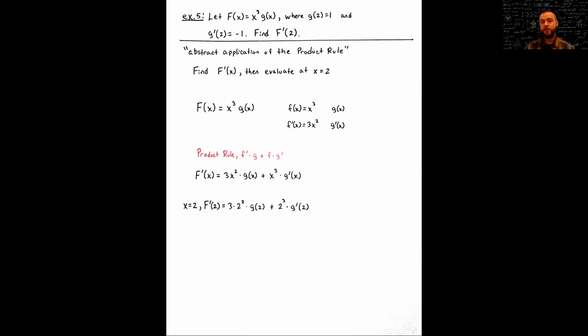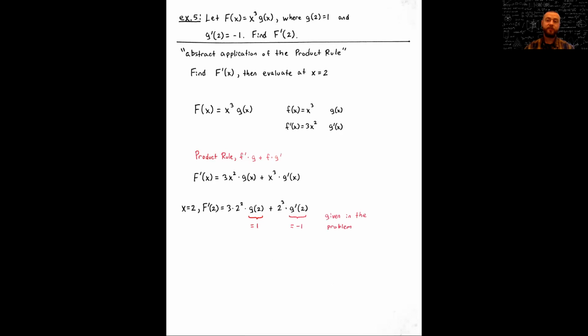And this is where we use the extra given information in the problem. We're not told a formula for g of x, but we are given its values for the function and derivative at x equals 2. So we just replace g of 2 with 1 and g prime of 2 with -1.